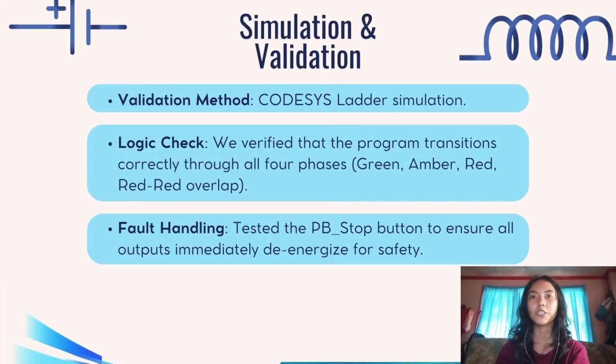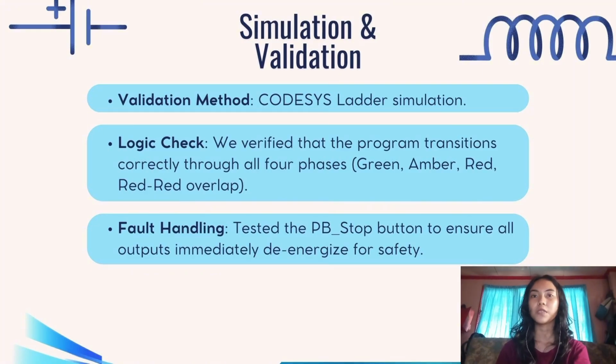After completing the logic design, we move on to simulation and validation. We tested our program using the CodeSys ladder simulation. This allowed us to run the logic virtually without using actual hardware. During the simulation, we carefully checked if the system correctly transitions through all 4 phases: green, yellow, red, and the red-red overlap.